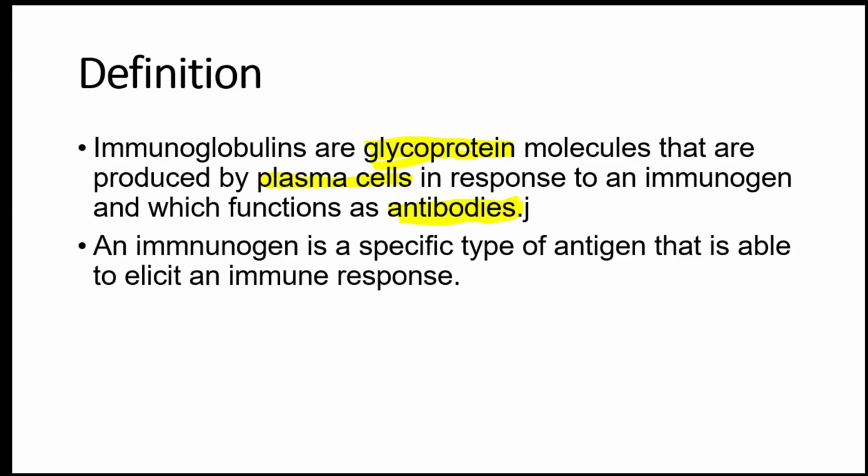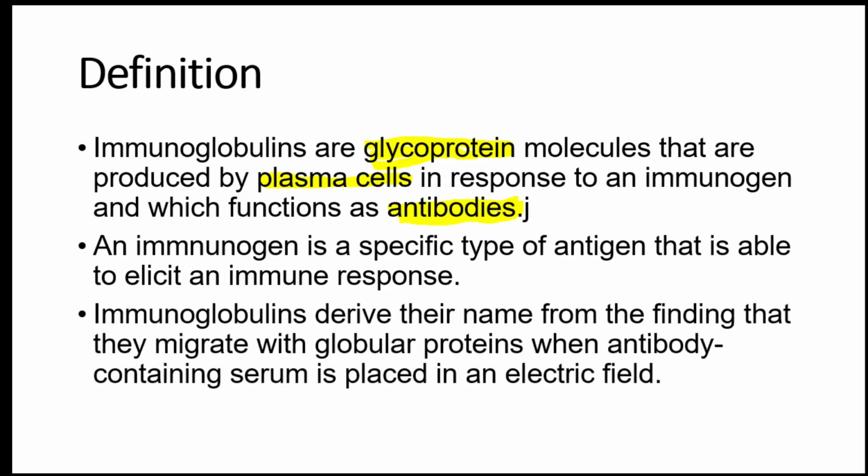We've seen that an immunogen is that specific part of the antigen that is able to elicit an immune response. Not all antigens elicit immune responses, and not all the parts of the antigen elicit immune responses. Basically that is the definition.